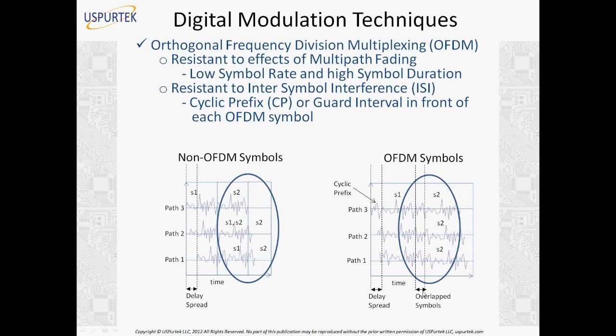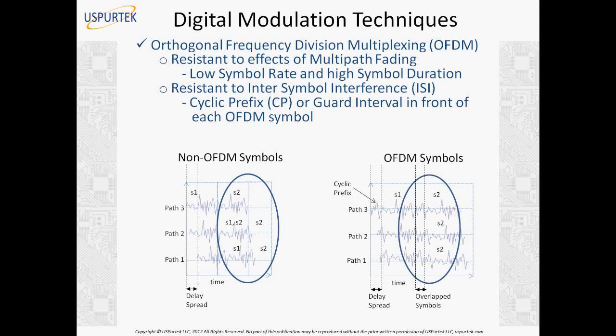And as I said before, the length of the cyclic prefix will depend on the cell size. Large cells will have a longer cyclic prefix, and smaller cells will have a shorter cyclic prefix, because the channel delay spread is short in the case of femto cells and very big in the case of macro cells. Okay.